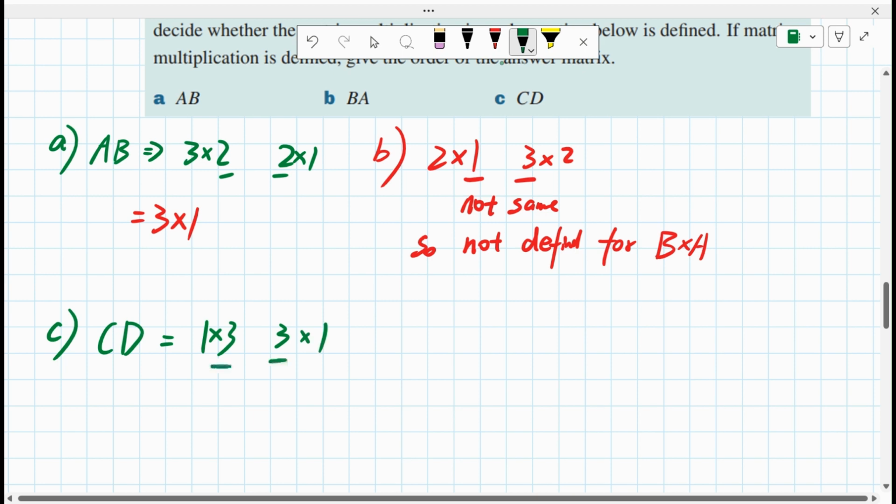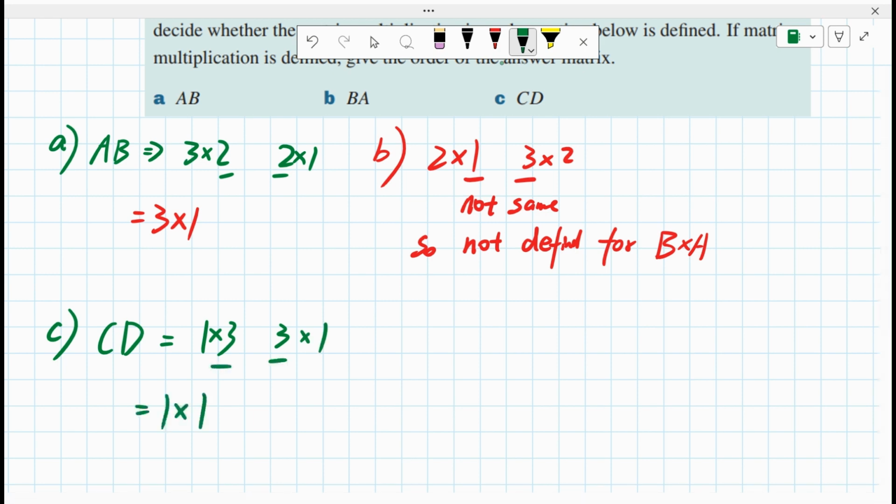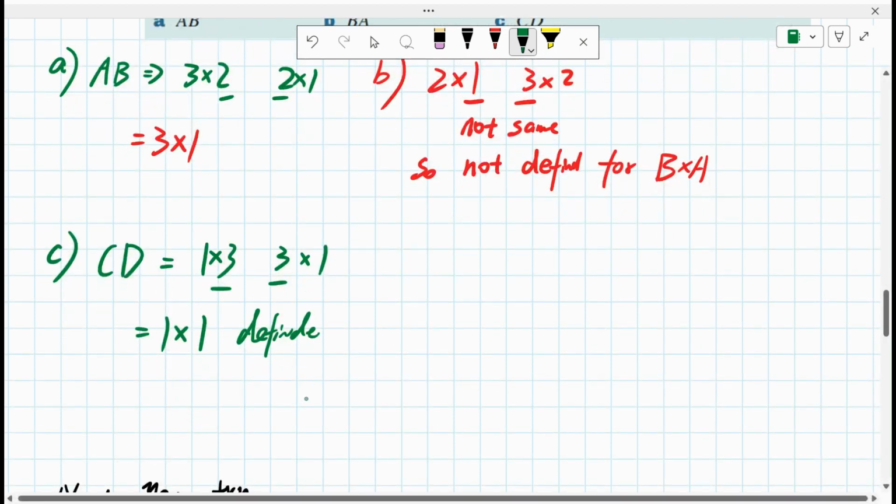These two are the same, so the result is a 1 by 1 matrix, and that's defined.